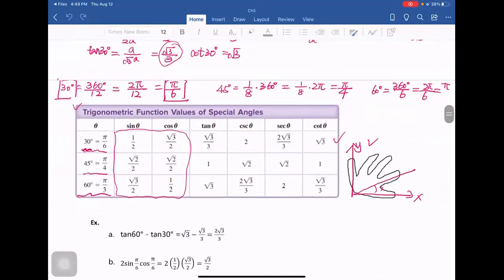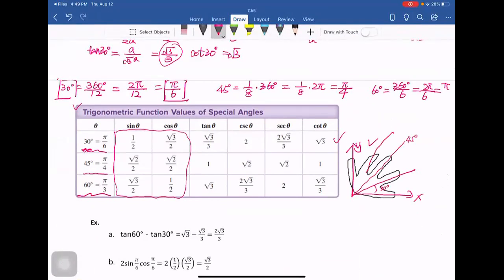Okay, we are back. This is 30 degrees, and this is 45. Just put 45 here, and this is 60 degrees. And you see, when I look at these 6 values, they all have the same bottom, which is 2. Only the tops are different.